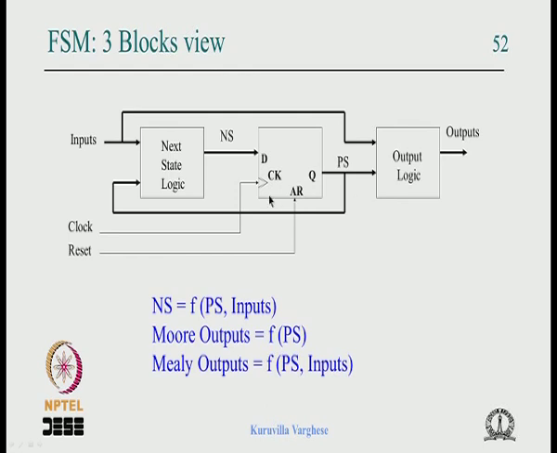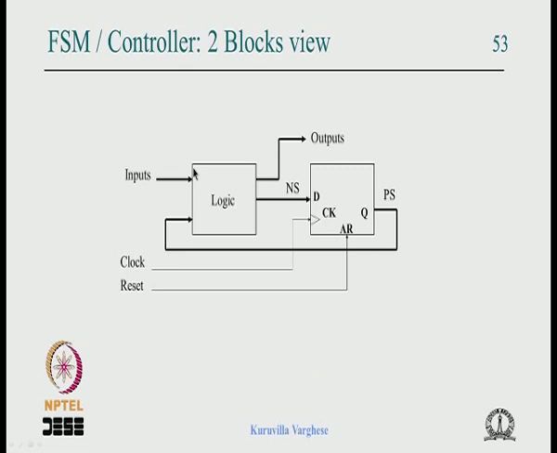And maybe as I said, if you look at these 2 blocks, both get the same kind of input, present state and input, so we could combine these as a logic. So that is shown here. You have a logic which comprises the next state logic and the output logic. The inputs of this logic are the various inputs and the present state, and there is a part which decodes the next state, and a part which produces various outputs.